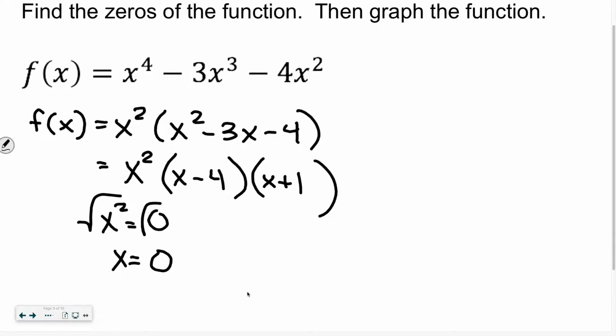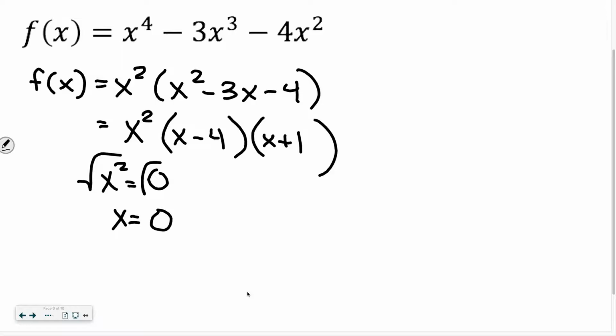But after our previous discussion, that's 0 with a multiplicity of 2, right? There's actually 2 factors in x squared. X squared is x times x. So if I set those singular factors equal to 0, then there are 2 solutions. So I'm going to say 0 with multiplicity of 2.